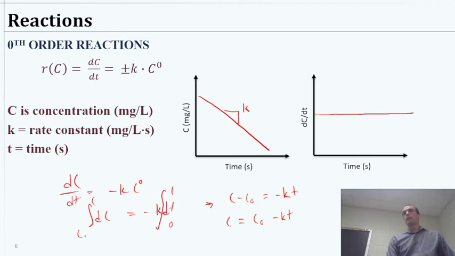Now, one thing I want to note here is the units of the rate constant tell us everything we need to know about the order. So the units here, if C itself is in concentration of milligrams per liter, we have to keep our units constant throughout this entire equation. We know that the rate itself is a change in concentration over time.